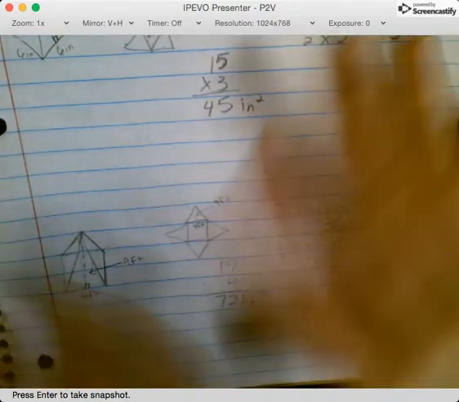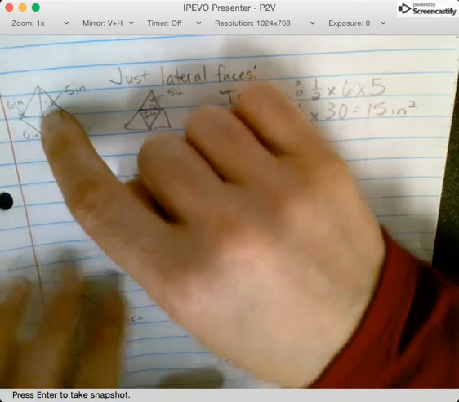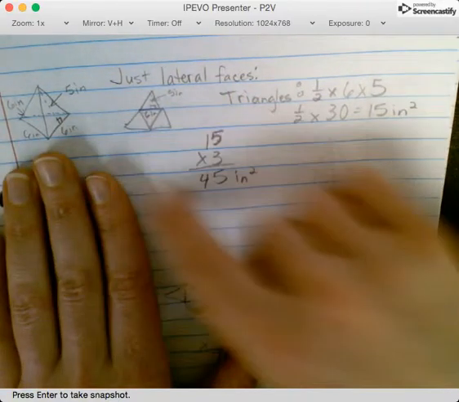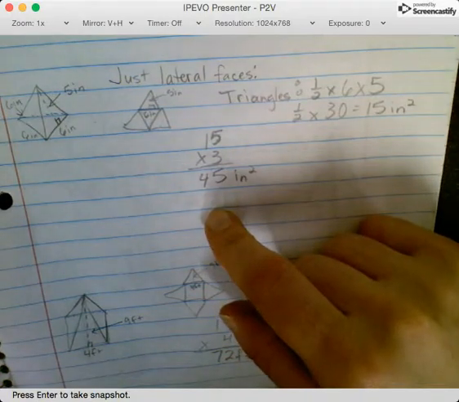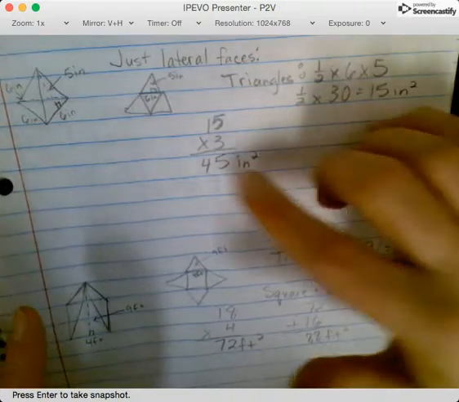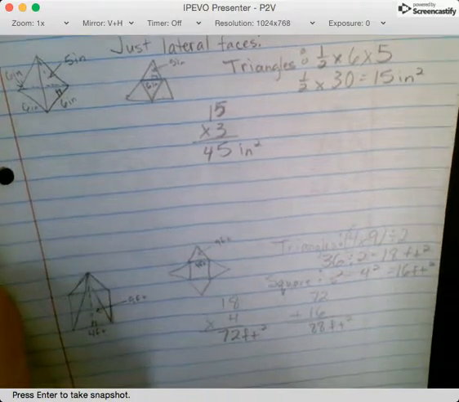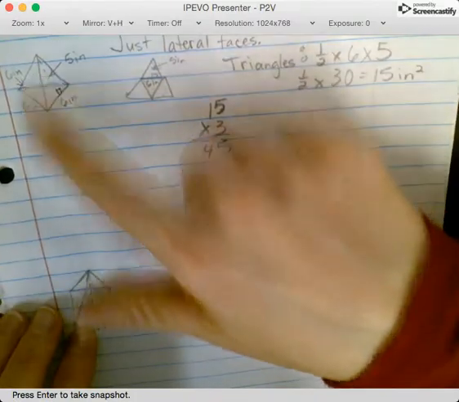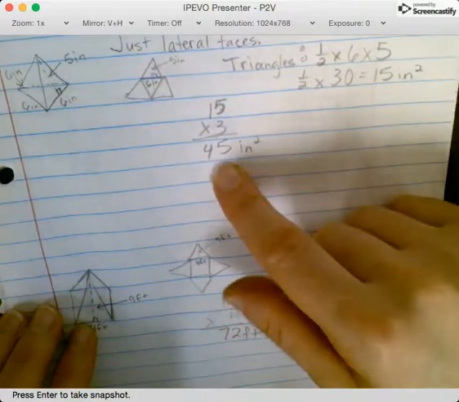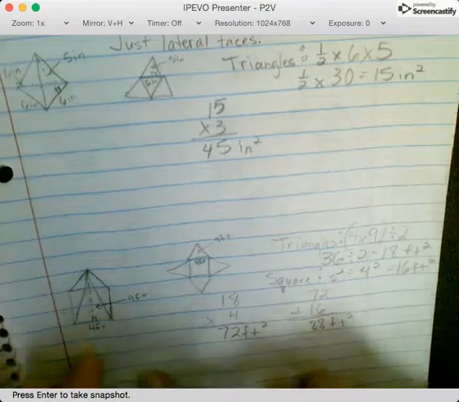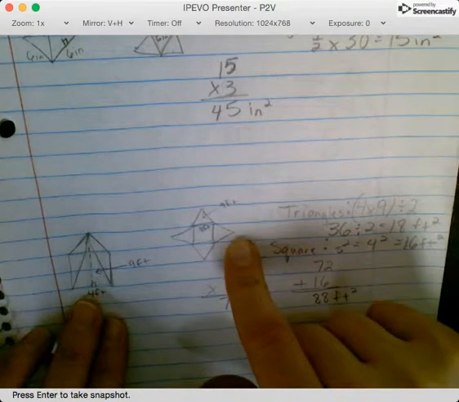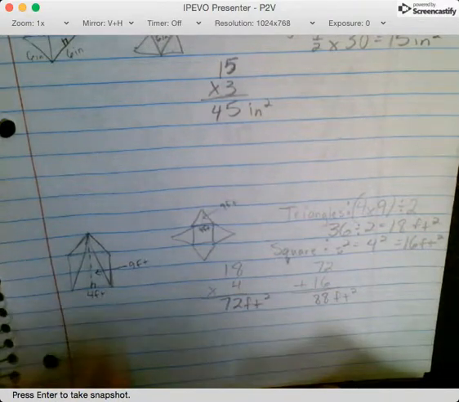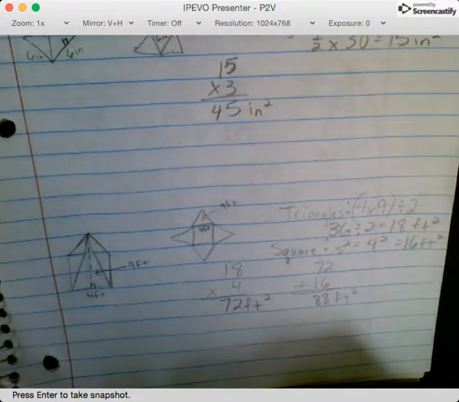So you find the area of the triangle and multiply by how many triangles there are that are equal size, and then you add in your base. Okay, so if it's triangular, you multiply it by 3 if they're all the same size. If it's a square one, you multiply it by 4 and add in your square. Okay.